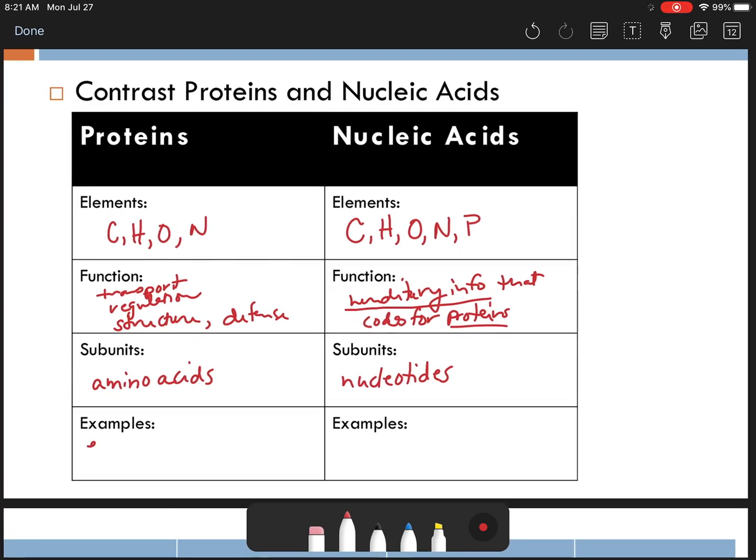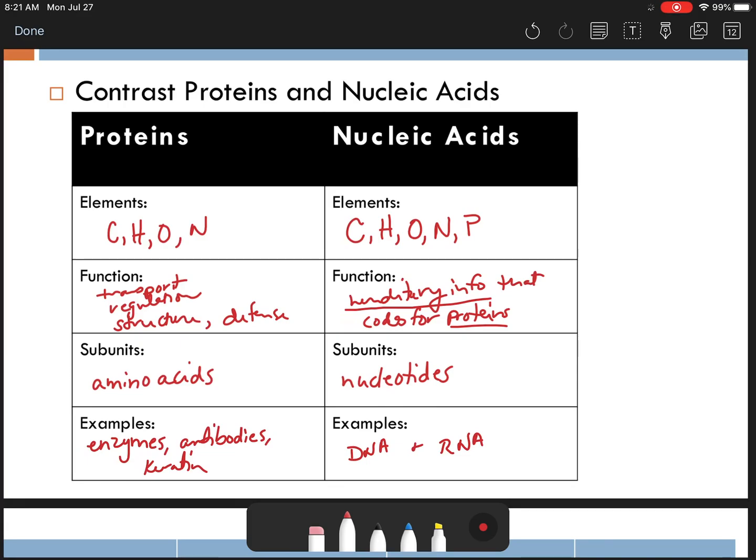We have enzymes, antibodies, you have keratin in your hair. So lots of different examples for proteins. Nucleic acids, there's just two. Do you remember what they are? DNA and RNA. There you go.